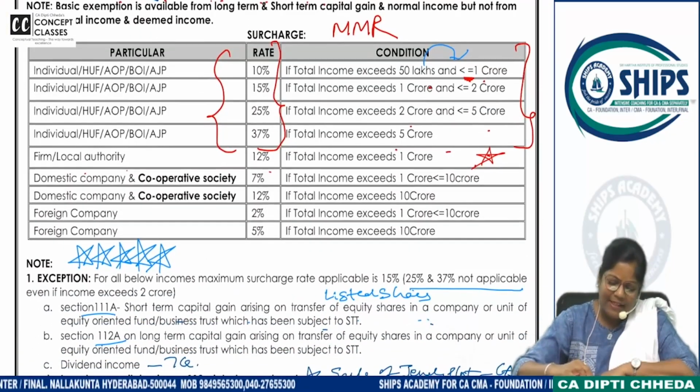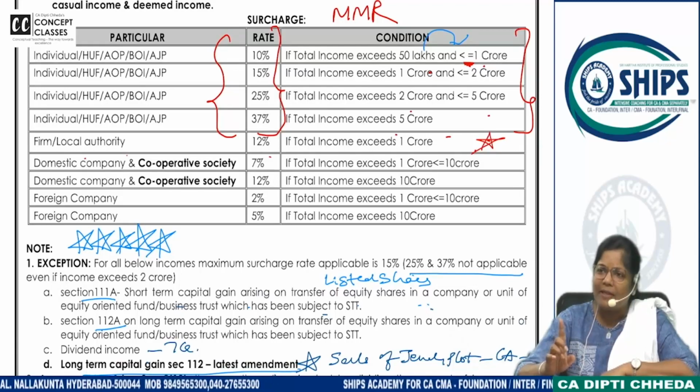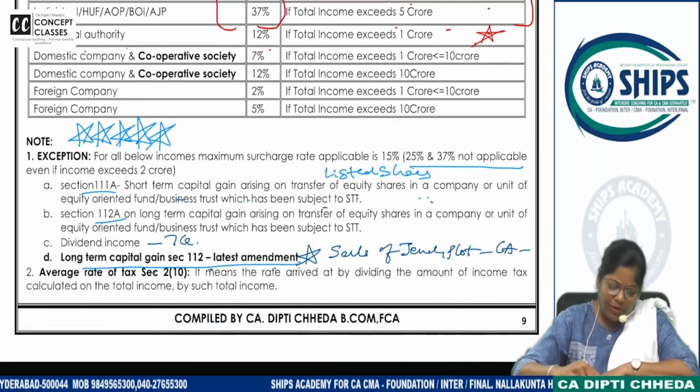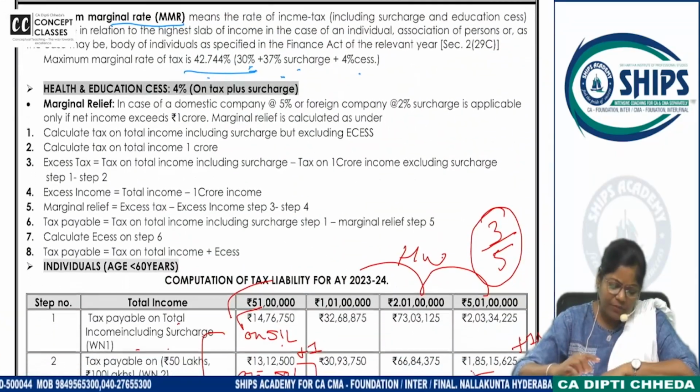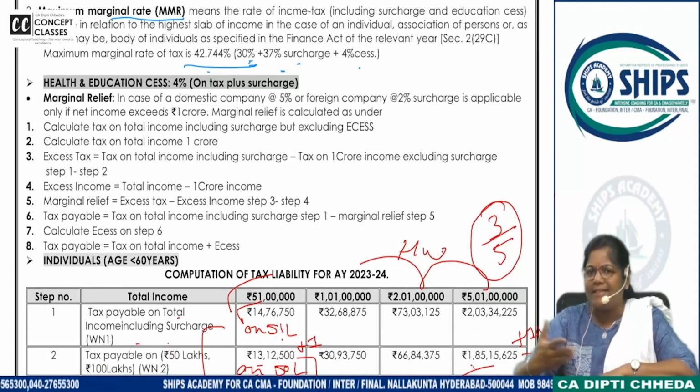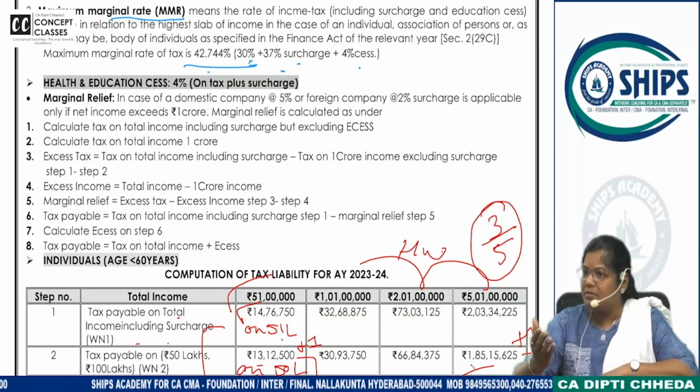Straight to your material. Surcharge is clear for partnership firm. Up to 1 crore, nil; above 1 crore, 12%. आ जाओ. What about if partnership firm is having the income called as long-term capital gain? 8 crores.